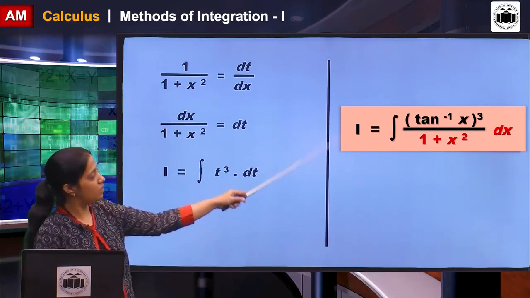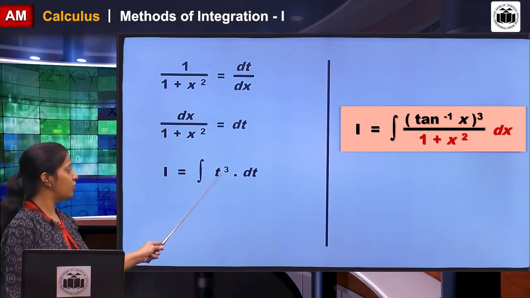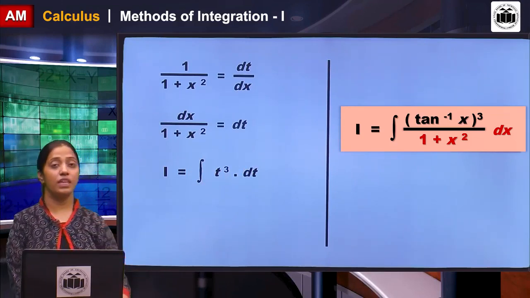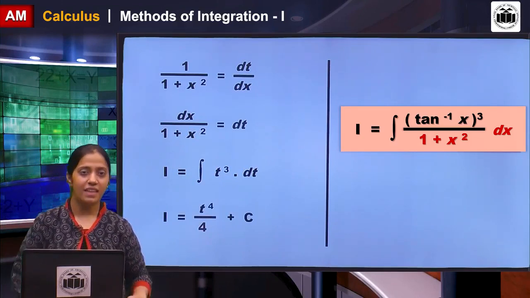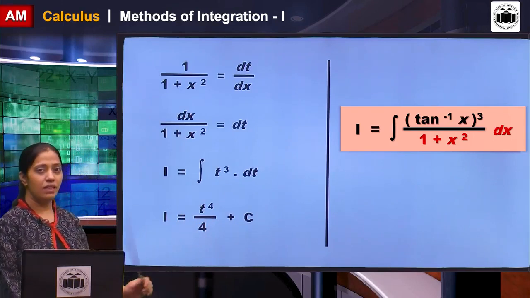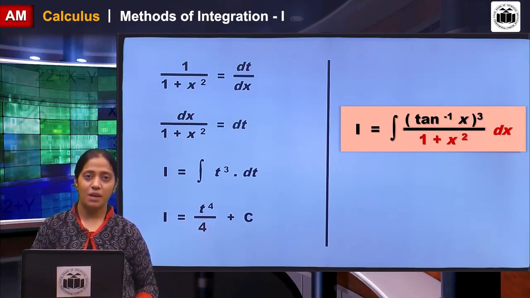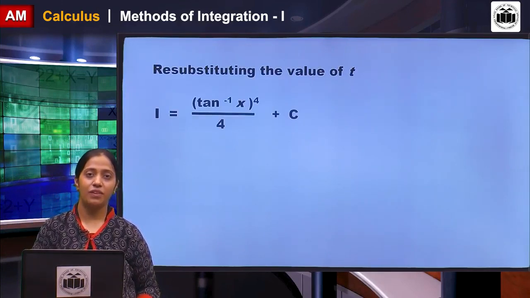That means the term reduces to this value: integration of t cube dt. Now I will find the integration of t cube dt. The integration of t raised to 3 is t raised to 4 by 4 plus c. Now what is the last step? Resubstitute the value of t. What is t we have taken? Tan inverse x.